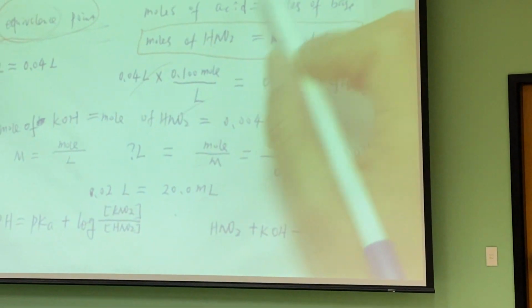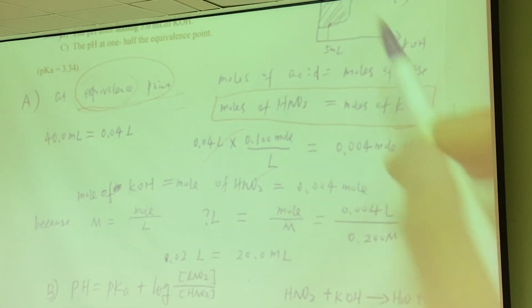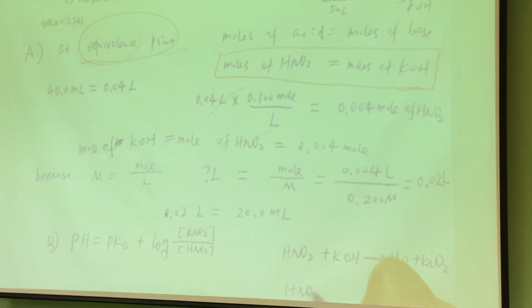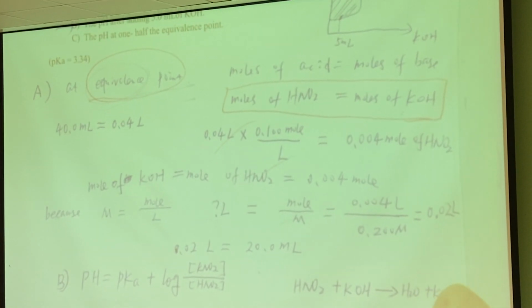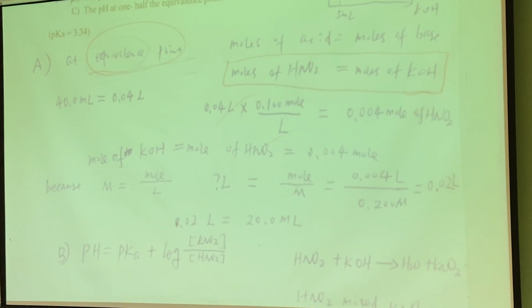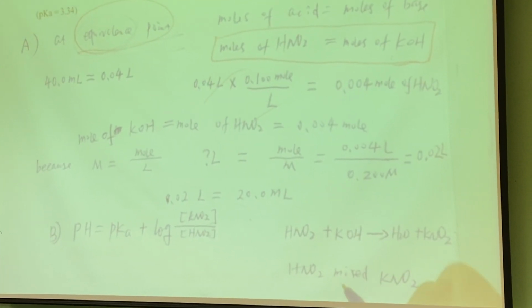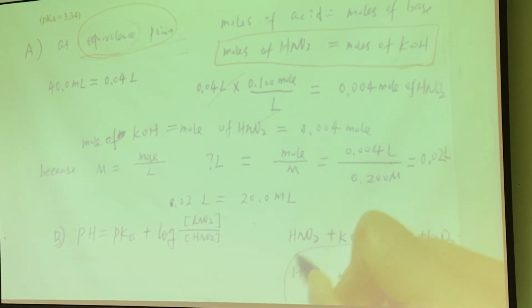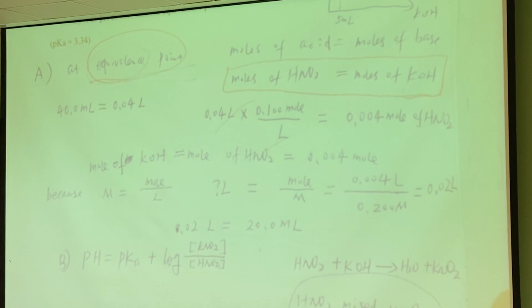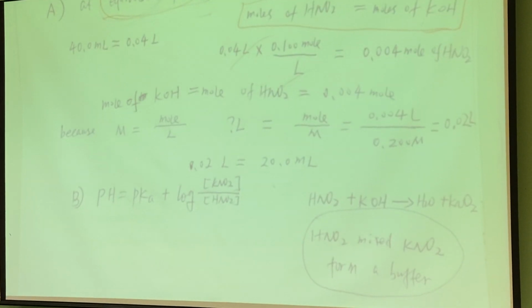Before you reach any point, most contents in your buffer system is your weak acid. So this weak acid mixed with this conjugate base, they form a buffer, right?